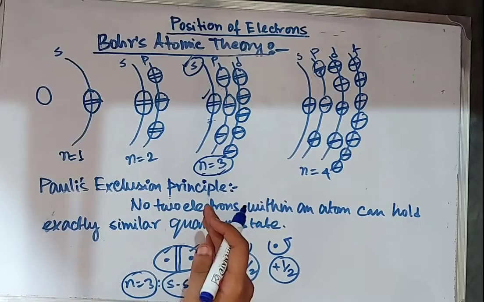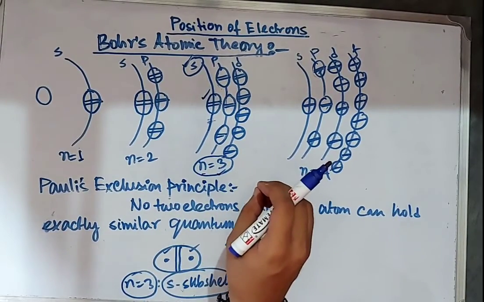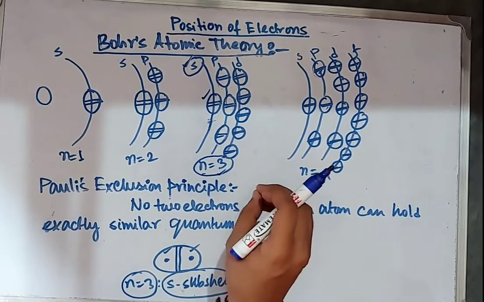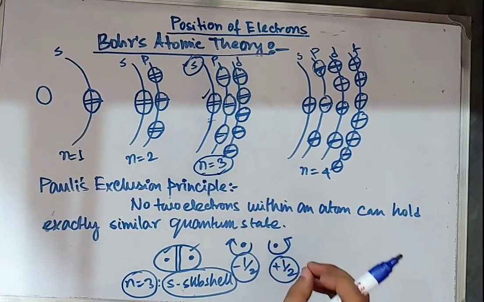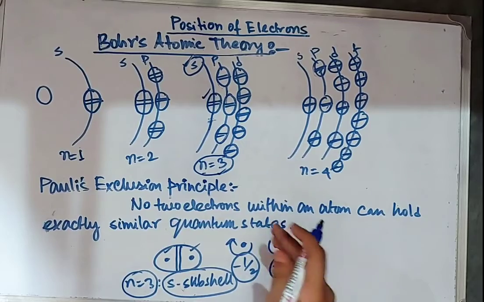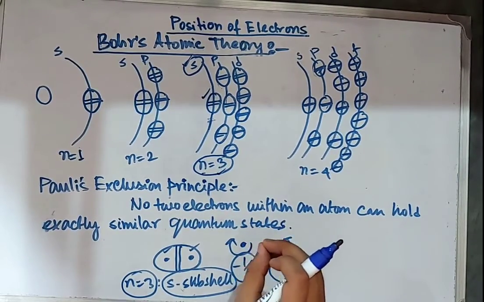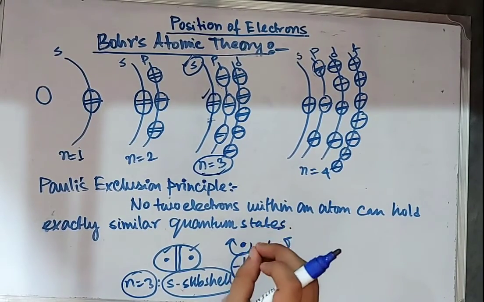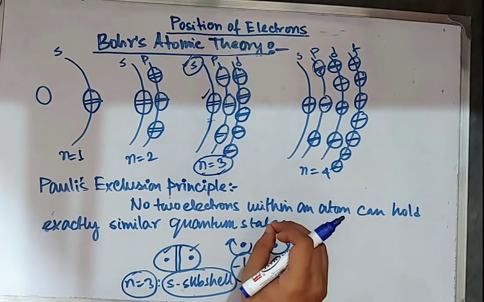In the same way, we can differentiate both electrons present in exactly the same orbital. That is why Pauli said that no two electrons within an atom can hold exactly the same quantum states, because even if all the other quantum numbers are the same, they will still be differentiated by the spin quantum number.